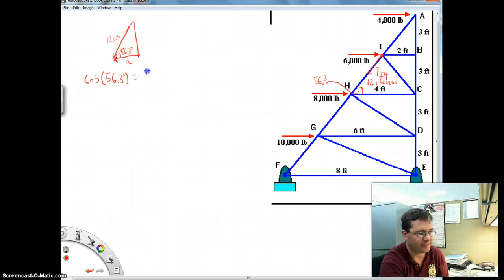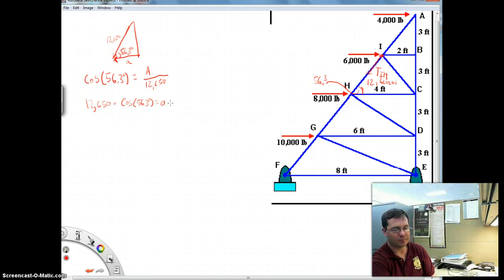Adjacent over hypotenuse. So A over 12,650 pounds. How do I get A by itself? I multiply both sides by 12,650 pounds. So 12,650 times the cosine of 56.3 degrees is going to equal A.